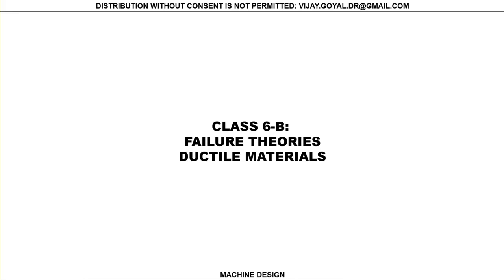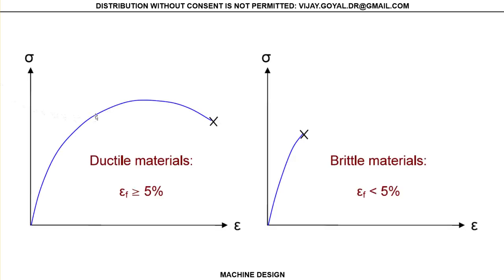So let's see how we approach this problem. Let's consider just a case for ductile material. But before we do that, let's go a little bit back and review. We had the case, this is the true fracture strain.